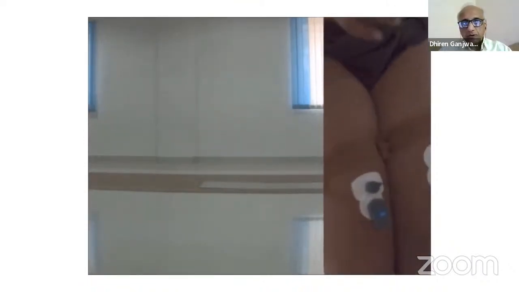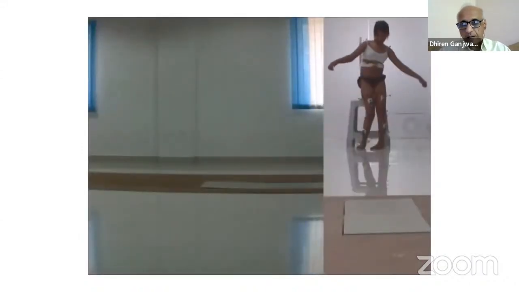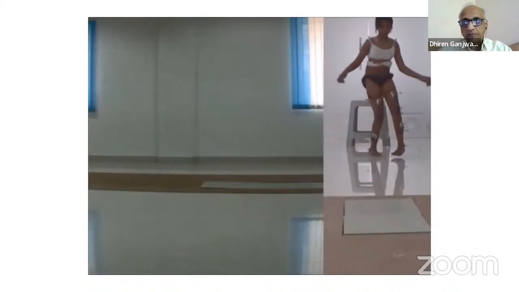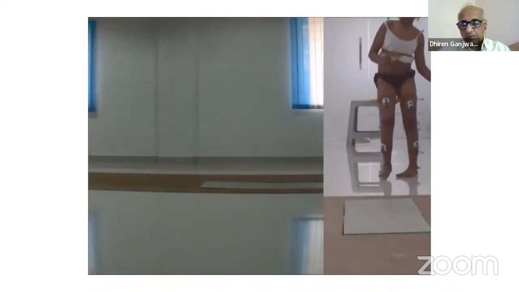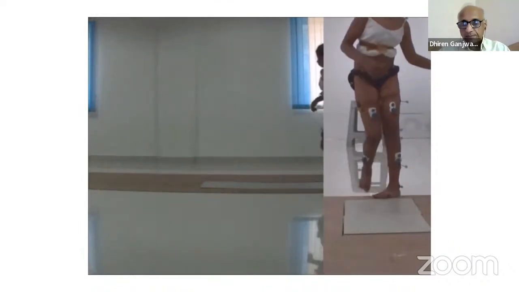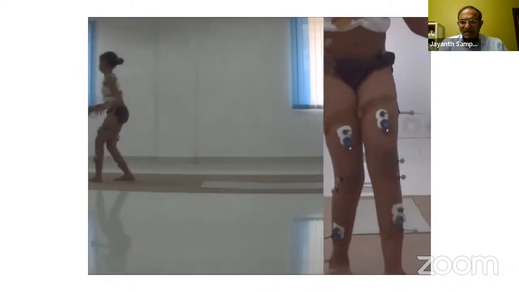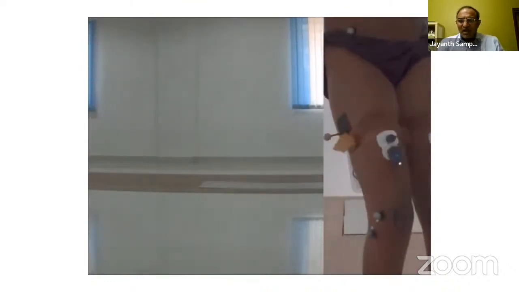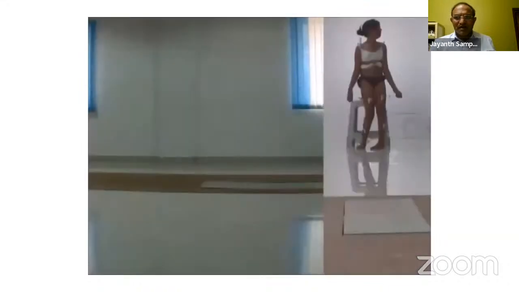Yes, there is an excessive movement which is taking place at the upper body. Usually our upper body does not move this much, but in her case, the body is moving excessively. One can see that the pelvis is retracted, and she also has hemi-body retraction. Her left shoulder is also retracted.